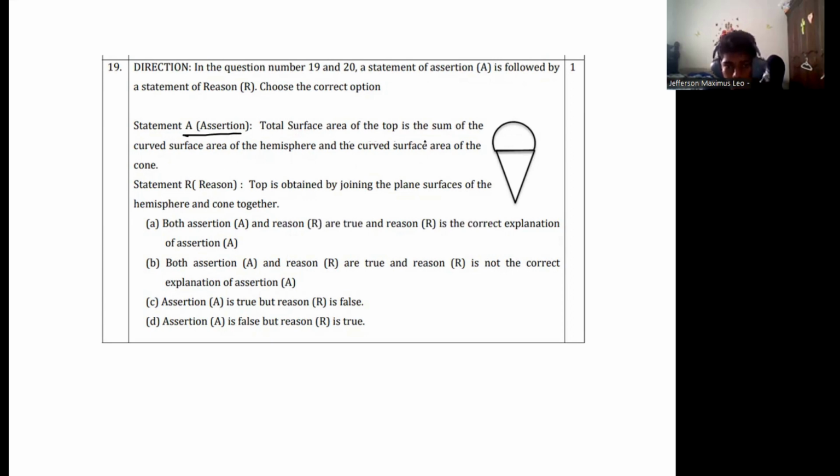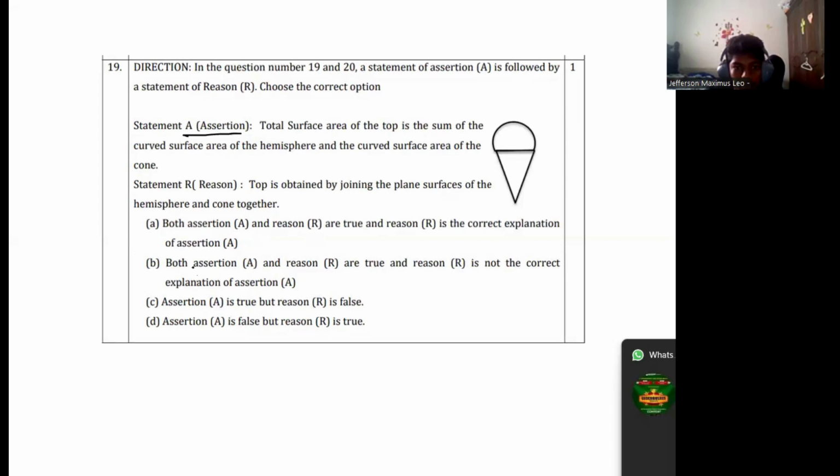The reason is: the top is obtained by joining the plane surfaces of the hemisphere and cone together.